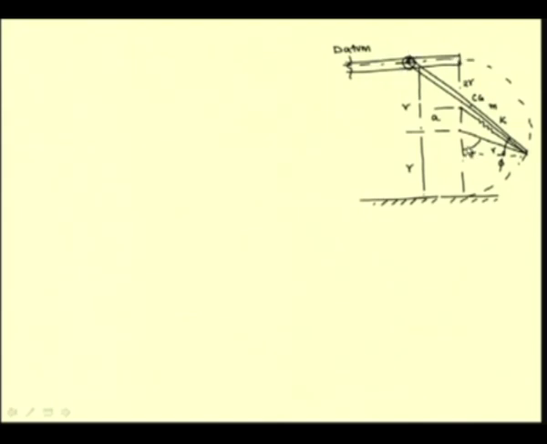So for any given position theta, if this angle is phi, the angle between the garage door and the horizontal, then the location of the CG with respect to this datum point is half times 2r times sin phi, that is the vertical projection of this door on the vertical direction.